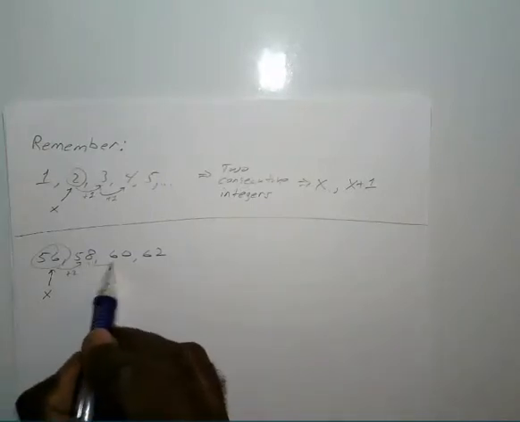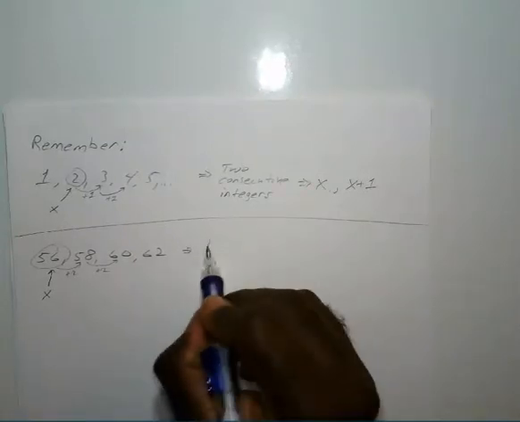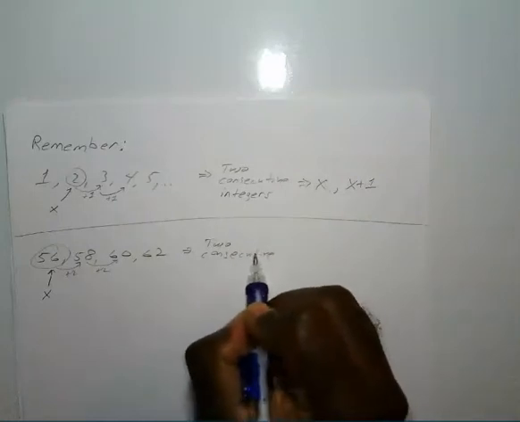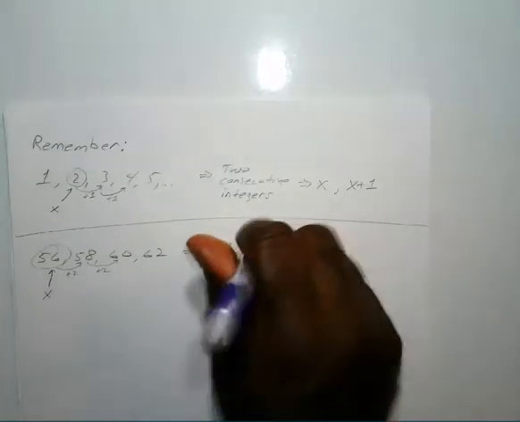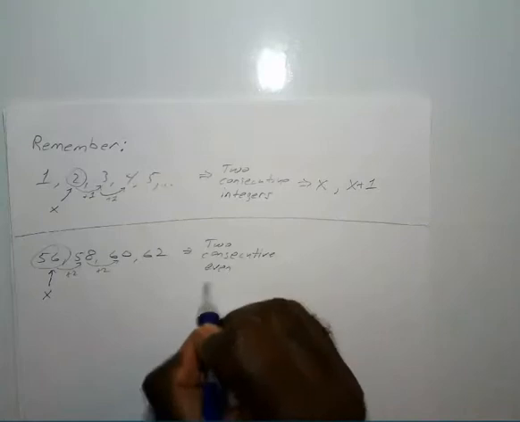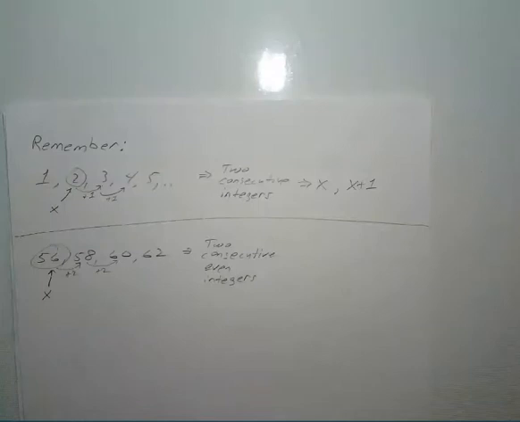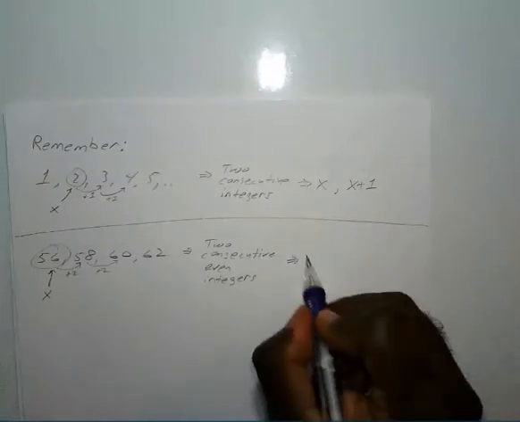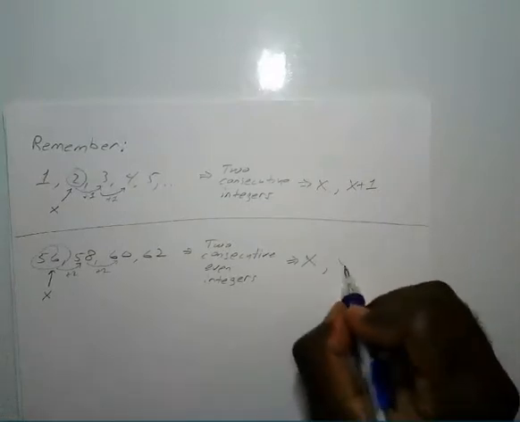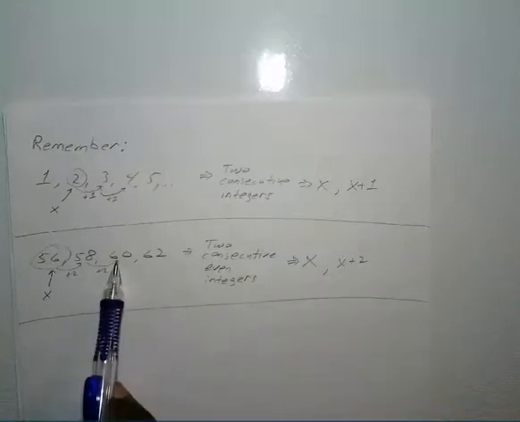So if you were looking for 2 consecutive even integers, remember we're talking about even this time, then whatever your first one is would be x. But to get to the next even integer, it would be x plus 2. Because remember, wherever you start, to get to the next even integer, you'd have to add 2.